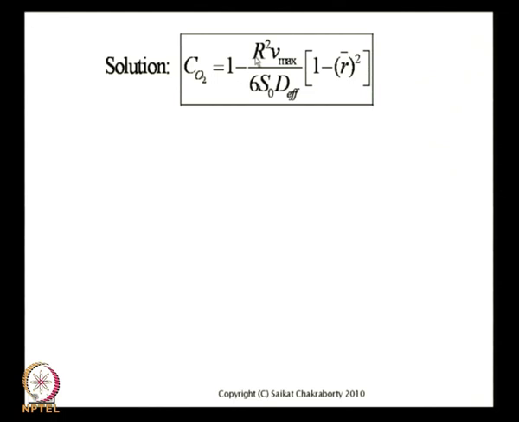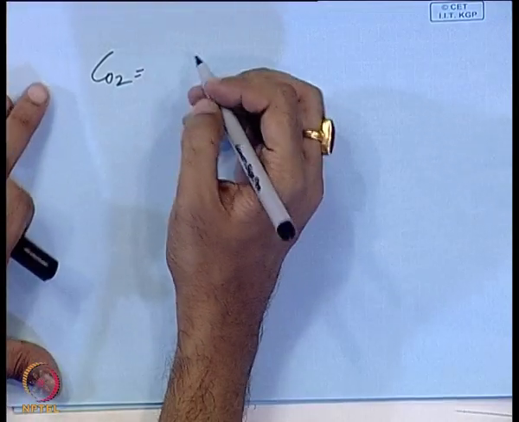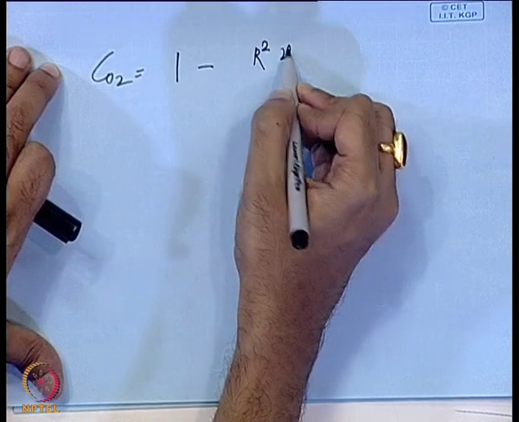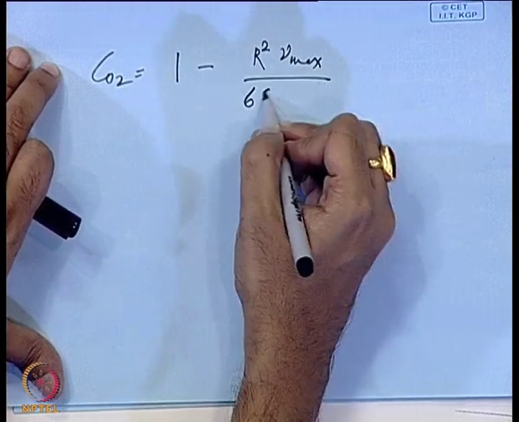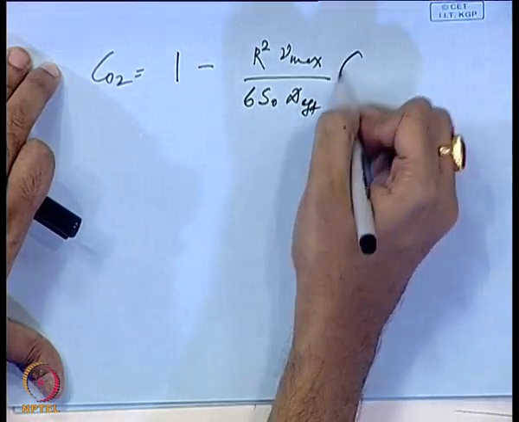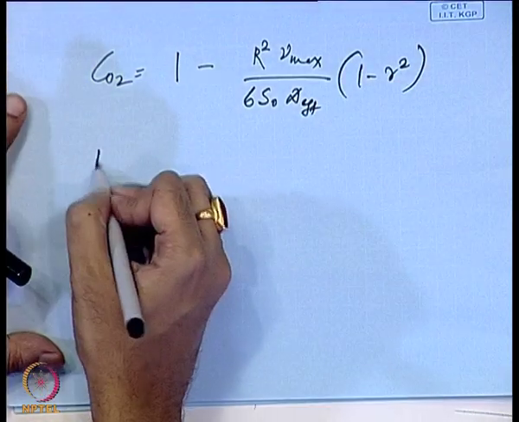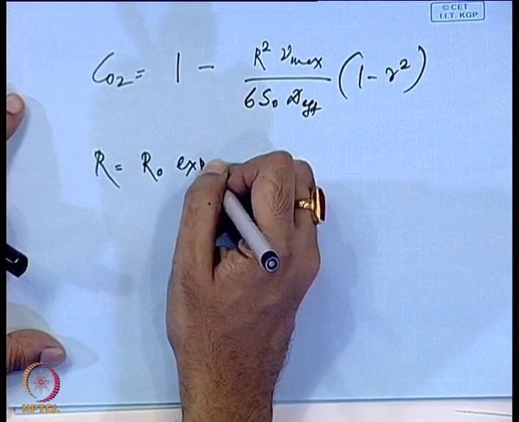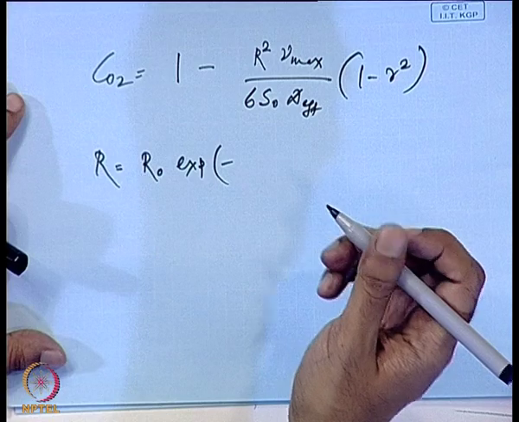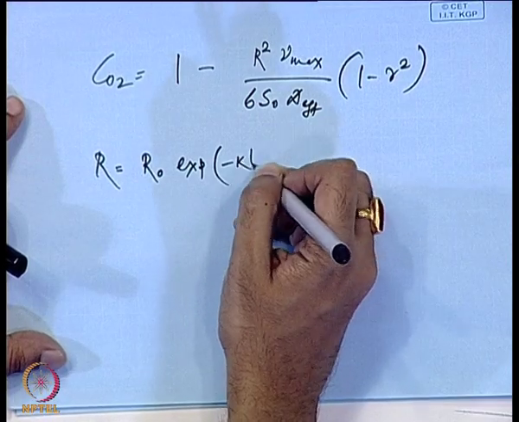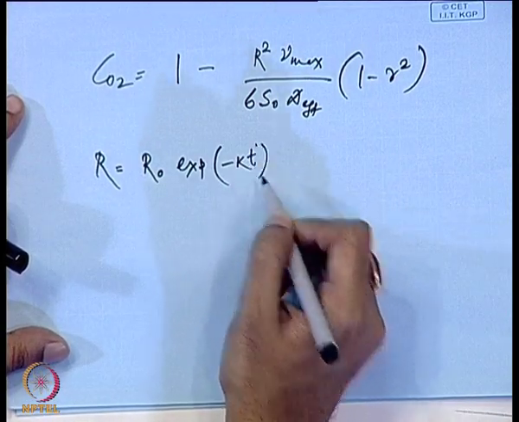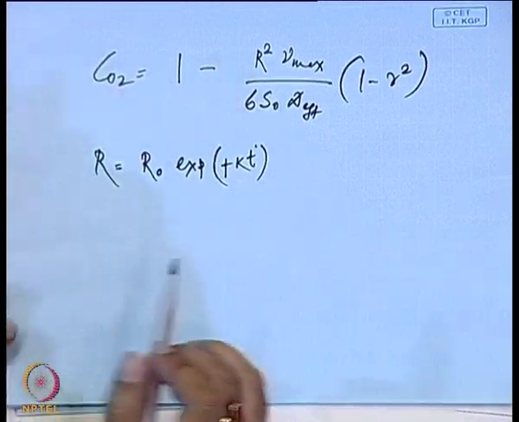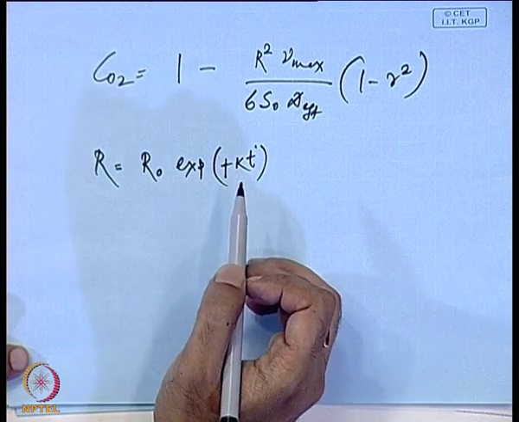The solution that you get here is C naught times (1 minus r square), with the nu max factor. Now if r equals some r naught at t equals 0 times, let's say, exponential kt, I'm just assuming exponential. Sorry, it should be plus kt in this case, if it's increasing with time.